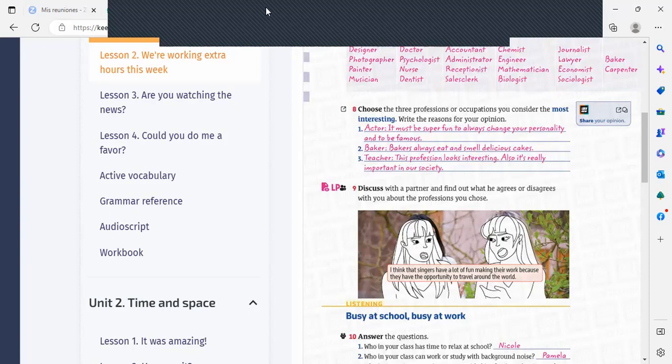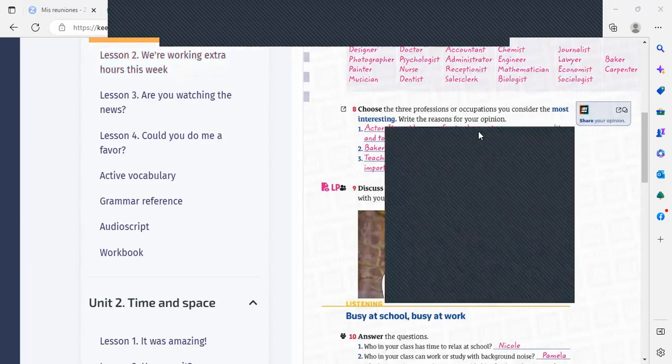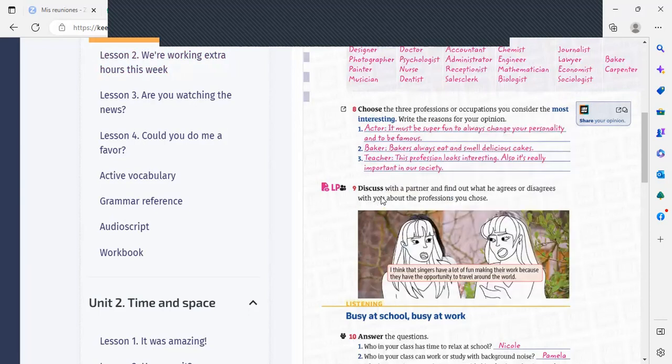Okay, guys, you are going to choose any profession, and tell me, why do you find it interesting? Another possibility is to be a teacher. Yes, it's interesting because you help a lot the society, and in my personal opinion, I found it very interesting to be a teacher because I know a lot of people.